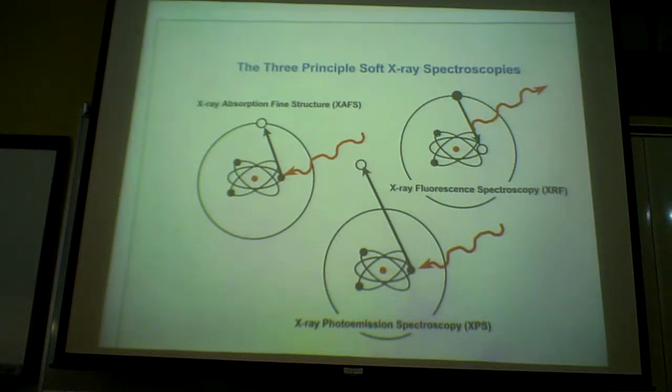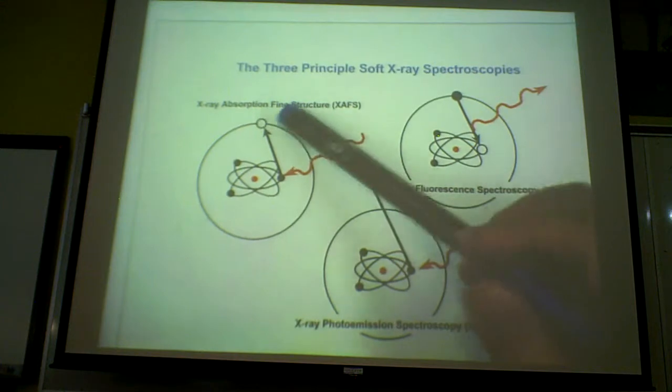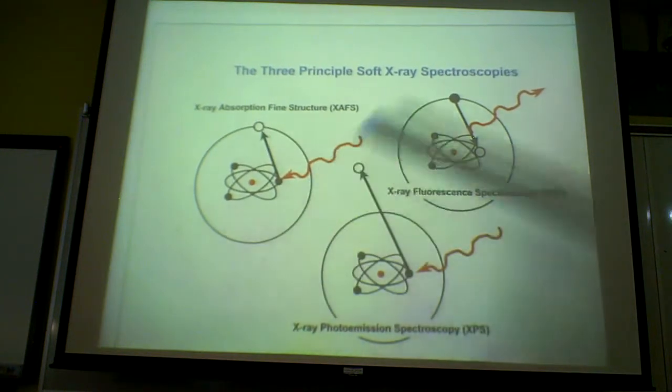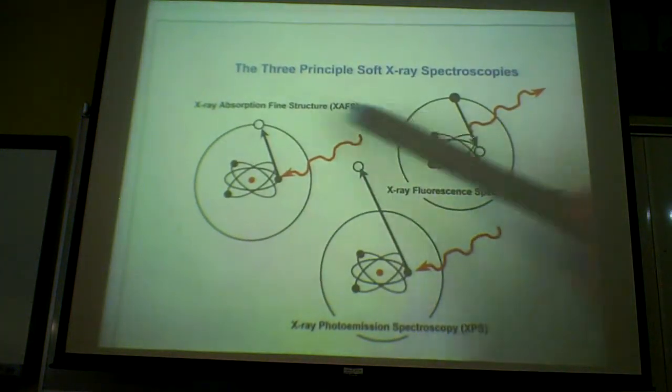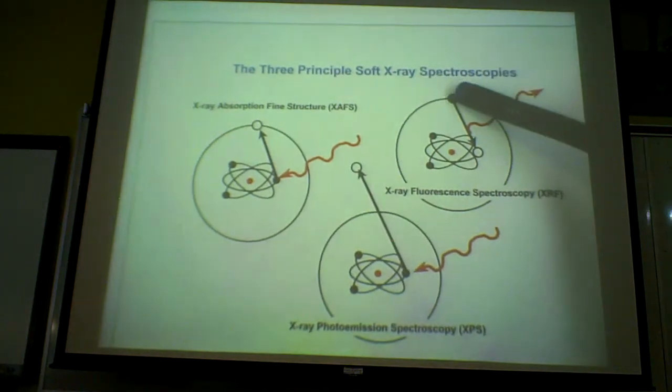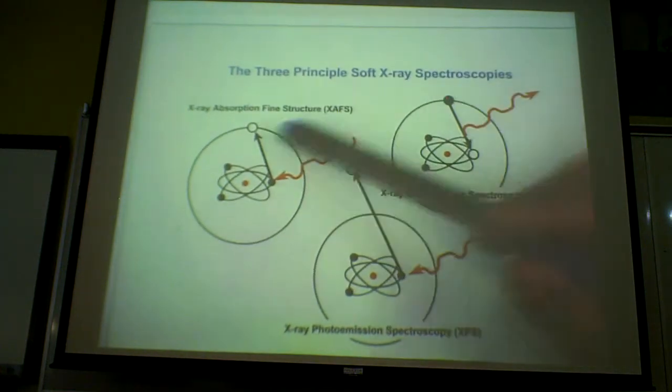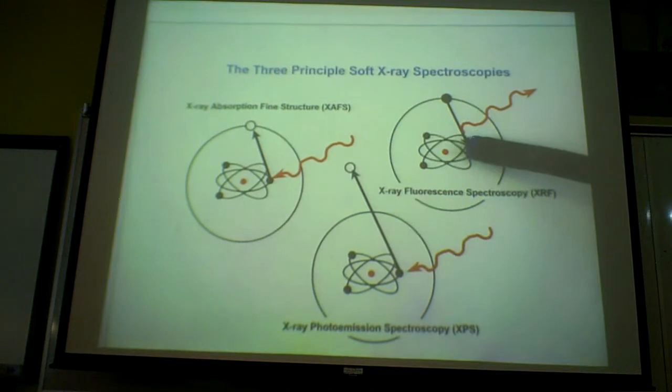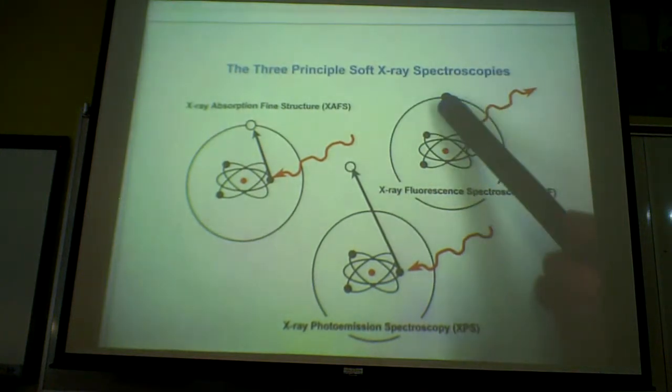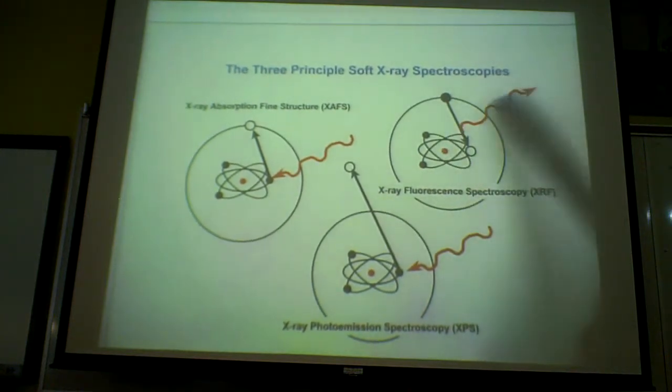And then once you get excited, this is not a very stable phenomenon. What will happen is that this high-lying electron in this high-lying orbital can come back when de-excited. So when it comes back, it will fluoresce an X-ray photon.